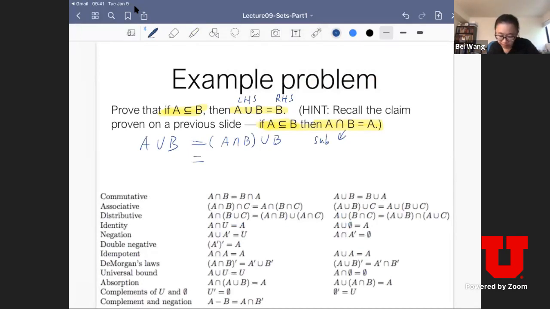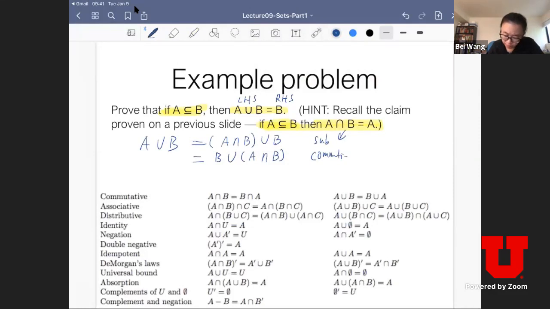Now what I can do, maybe I want to rearrange it a little bit using the commutative rule. So I can say this is equal to B union A intersect B. This is just the commutative rule.